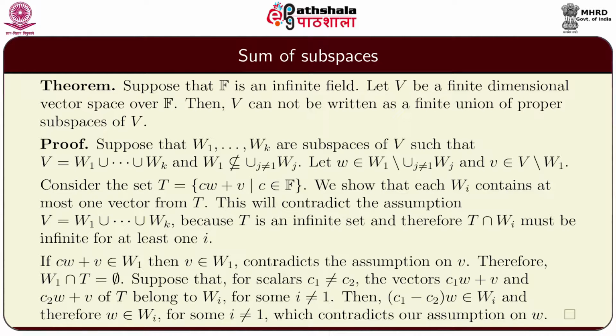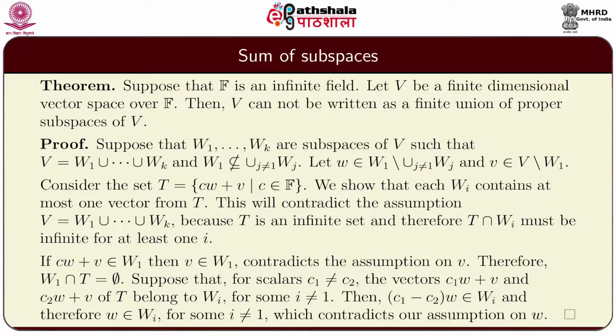Because you can see that the scalar c is running through the field F and the field is an infinite field. And not only that, for distinct values of c, we get distinct vectors in T, and therefore T is infinite, and then T intersection Wi must be infinite for at least one i.